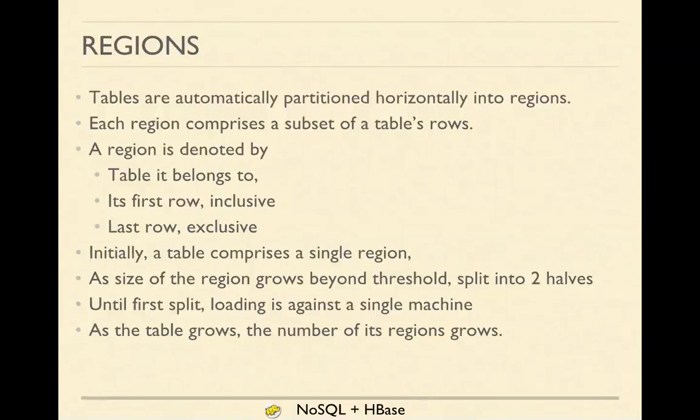So tables are automatically partitioned into regions. Each region comprises a subset of a table's rows. Every region is denoted by the table it belongs to, its first row and last row.